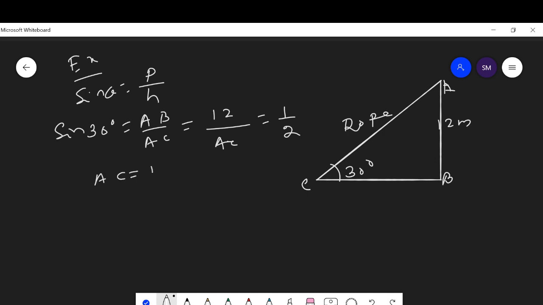This implies AC is equal to 12 into 2, which is equal to 24 meter. The circus artist needs a 24 meter rope such that she can climb to the top of the pole, making the angle of elevation 30 degree. Okay, then next question.